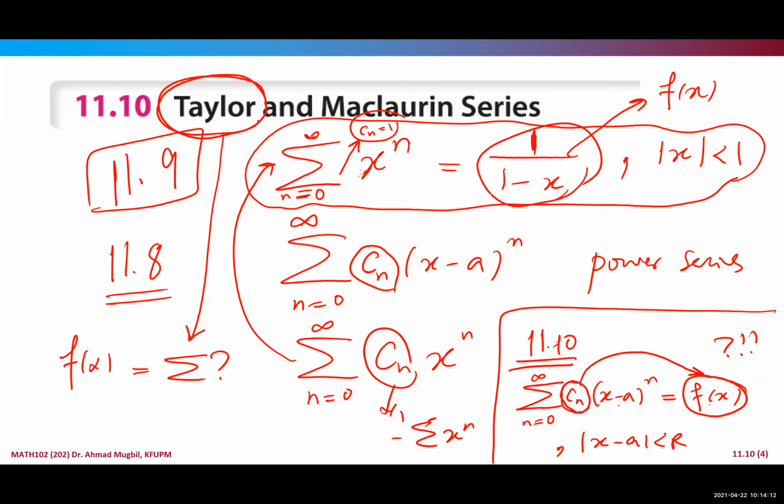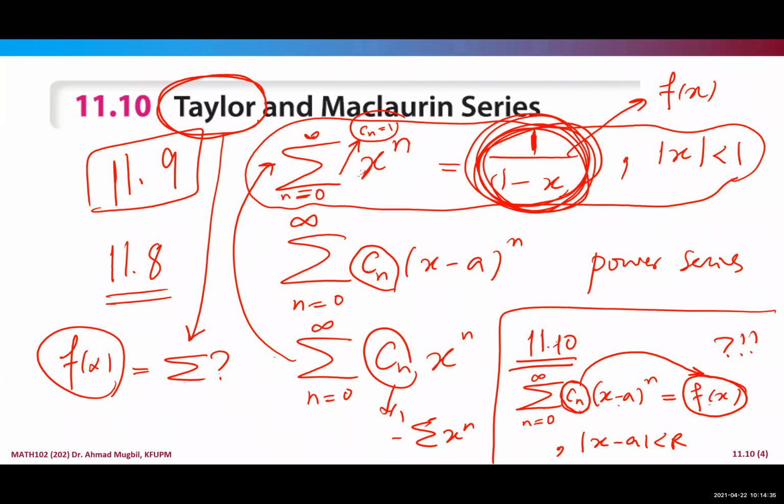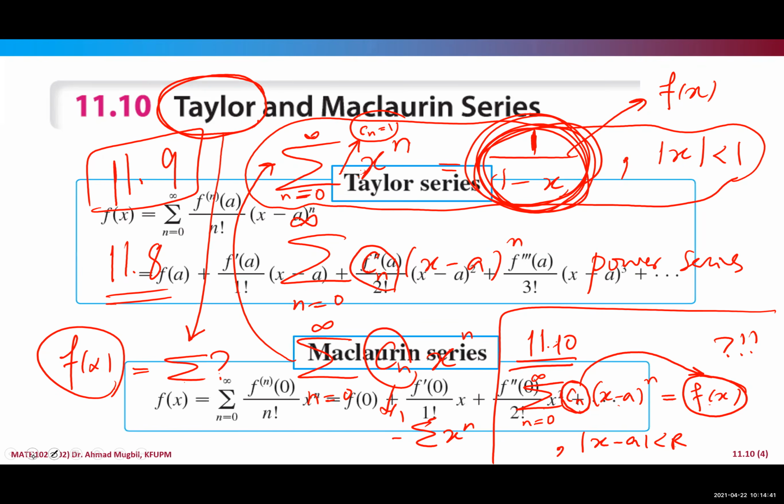If the function is like 1 over 1 minus x, or its derivative or its integral, it is easy. This is of course 11.9, we have done that. Today this will be included also, as just a special case of what we have today. So in general, if you have a function and you want to represent it as a power series, how do you do that? We will follow the Taylor theorem, and I will show it in the next slide.